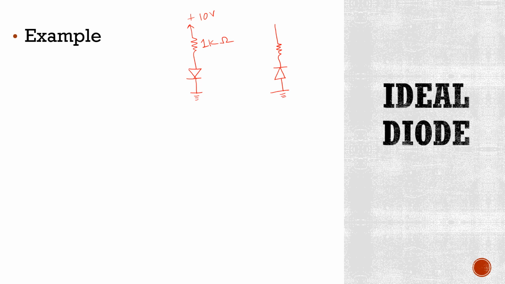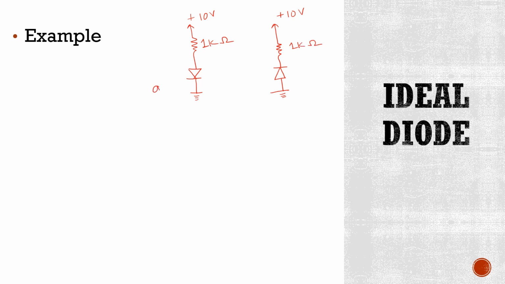Look at this example. If you have one circuit like this, with 10 volts and 1 kilo ohms, and you have another circuit like this, with 10 volts and 1 kilo ohms.